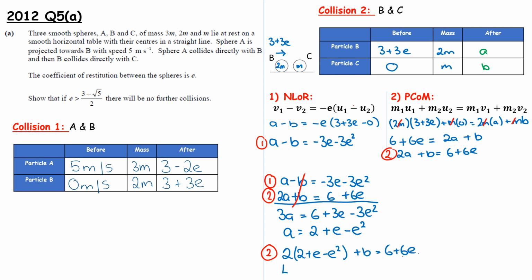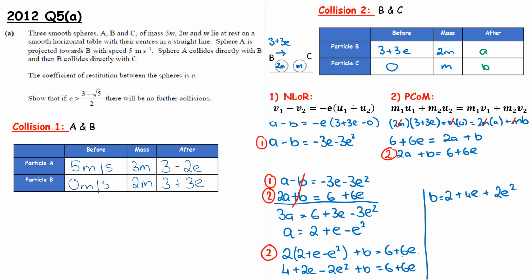So 4 plus 2e minus 2e squared plus b is equal to 6 plus 6e. Rearranging that, b is equal to 6 minus 4, which is 2, plus 6e minus 2e, which is 4e, plus 2e squared. So they are our two after speeds.